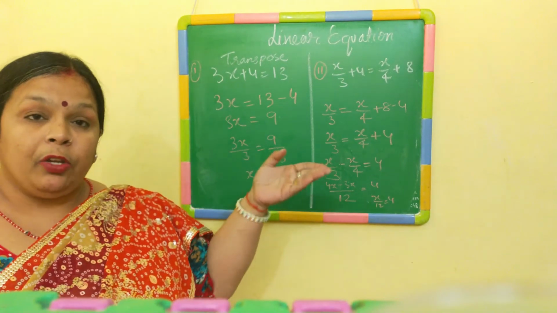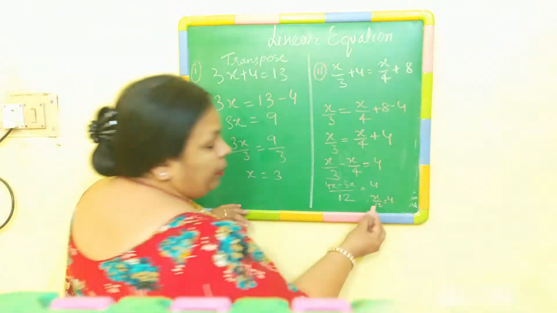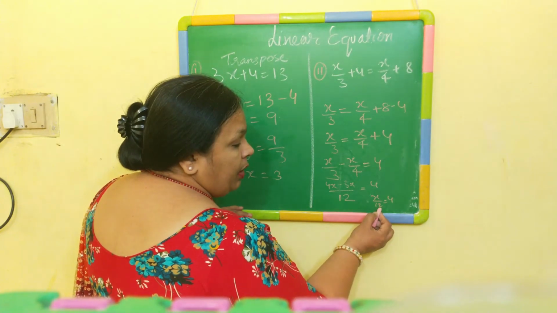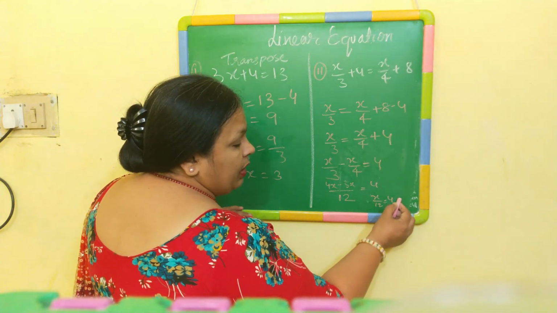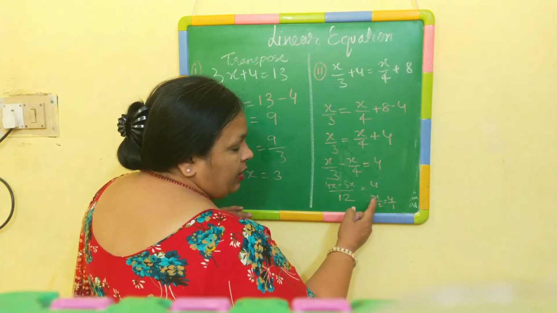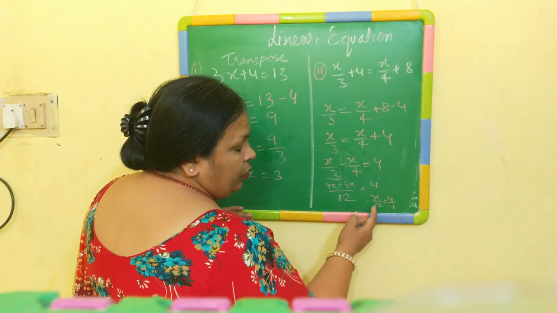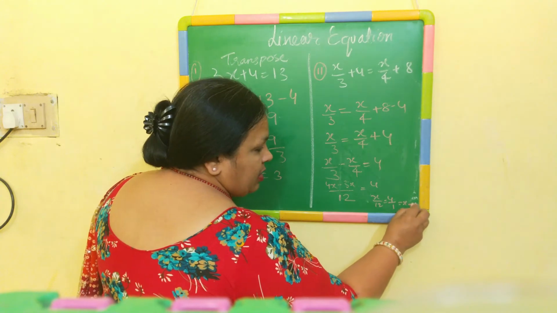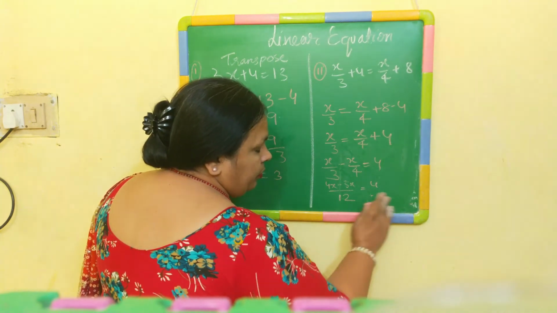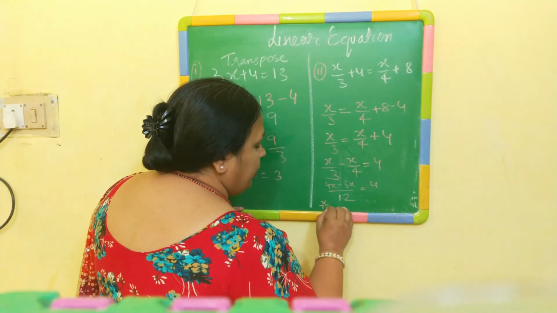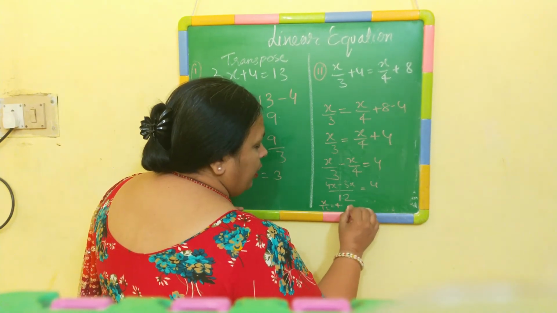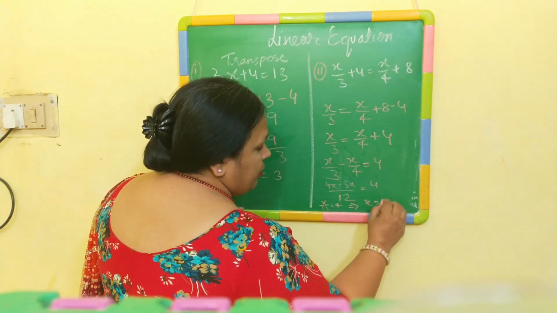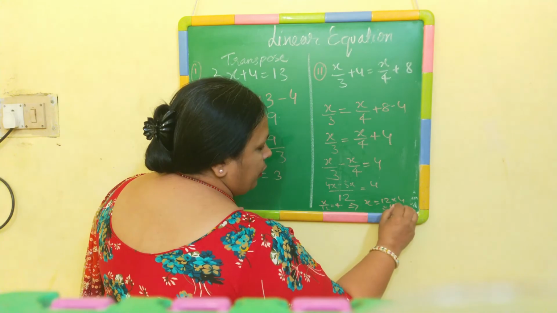Multiplying both sides by 12 or cross multiplying, as I told you, this denominator part will come to this side by cross multiplying. This is x into 1 and 4 into 12. So x by 12 is equals to 4. That implies x is equals to 12 into 4 is 48.